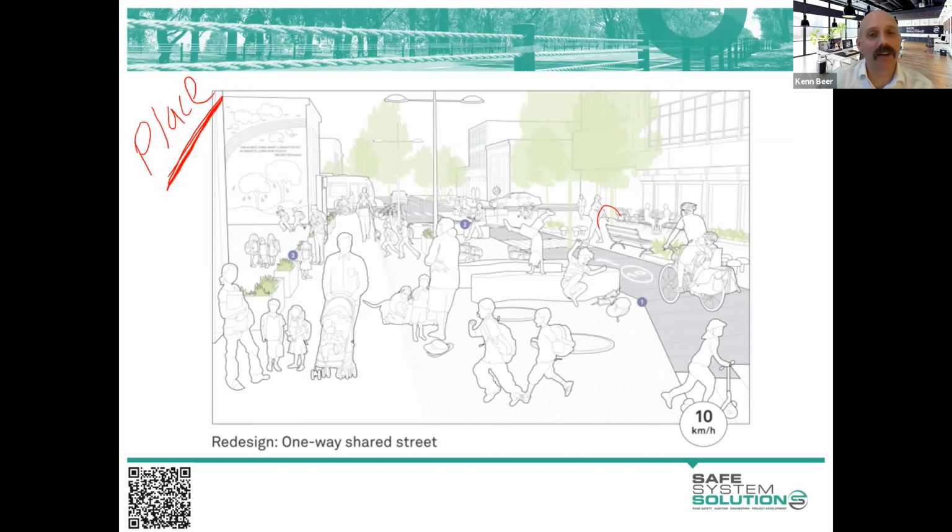But also the safe system alignment has gone up with the lower speeds, the fewer conflict points, much clearer, easier to understand. And if people were to make mistakes in this area, you'd be fairly confident that it wouldn't result in death or serious injury. It was highly unlikely to result in death or serious injury. Getting speeds down under that 20 kilometres per hour ideally, because there's no movement requirements through here.